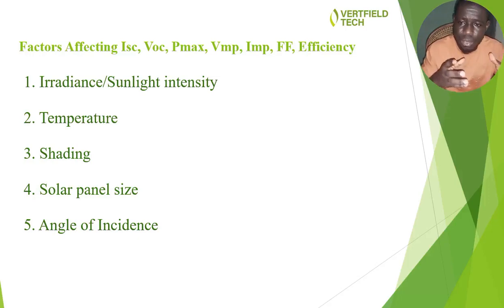In as much as you need enough sunlight for your solar panels to generate enough electricity for you. Yes, that is very, very correct. However, you also need to take into consideration that too much of it can also cause damage to your solar system and will affect your technical parameters, especially your VMP and your IMP.